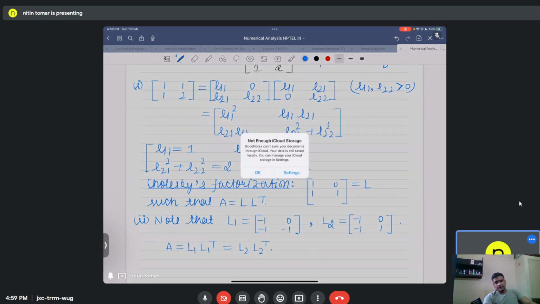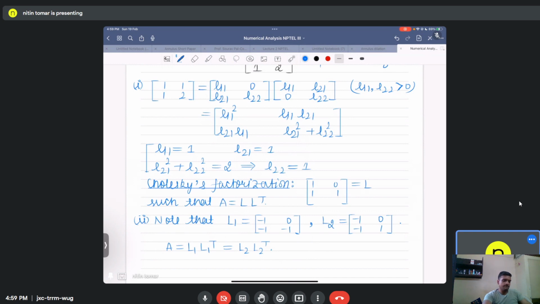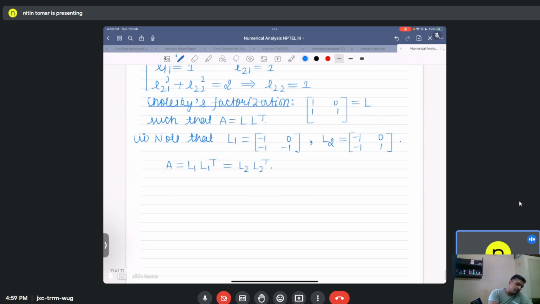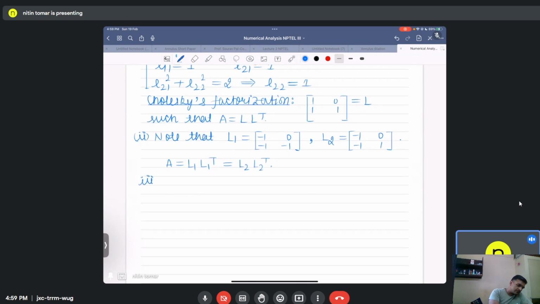Is that fine? Yes, sir. So this is Cholesky's factorization. Now in the end, let us do the Doolittle's factorization.